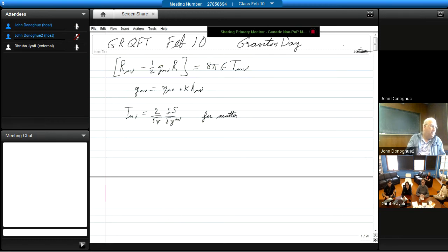If we took the exact same thing and did it for gravity, we would have found the other part. So we take the variation with respect to G mu nu. We had 4 over kappa squared, R mu nu minus 1/2 G mu nu R, which was Einstein's equation, plus the total derivative.